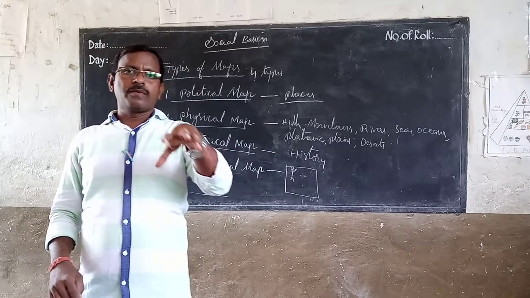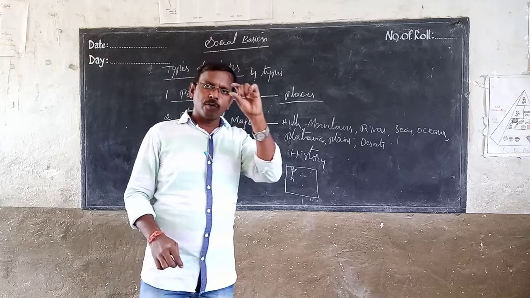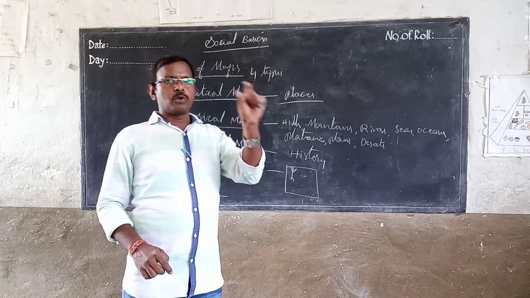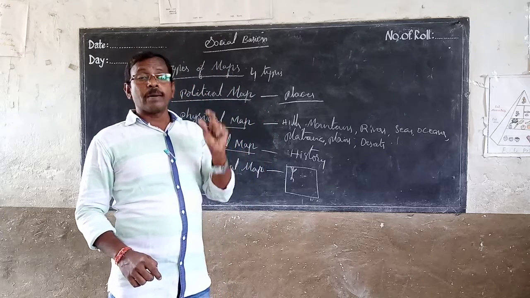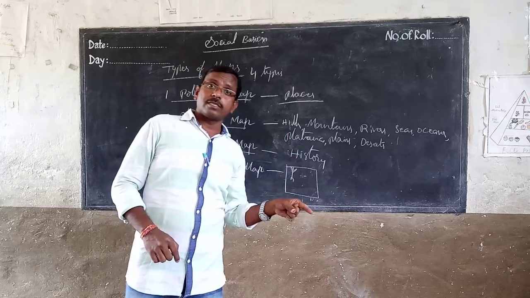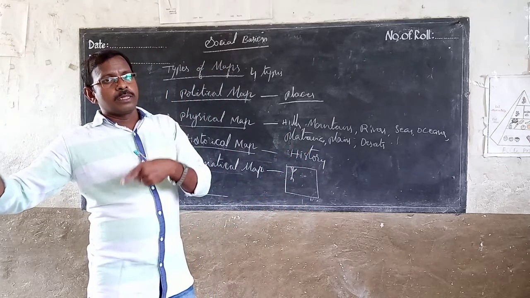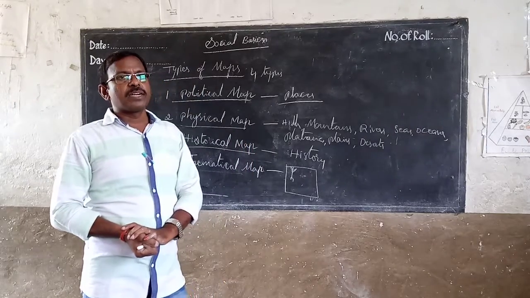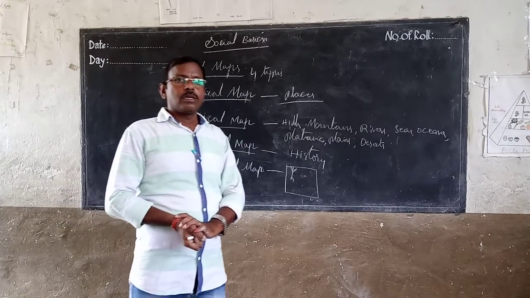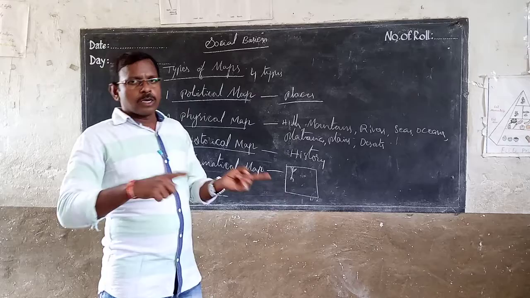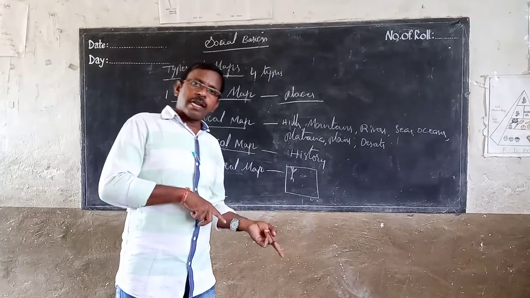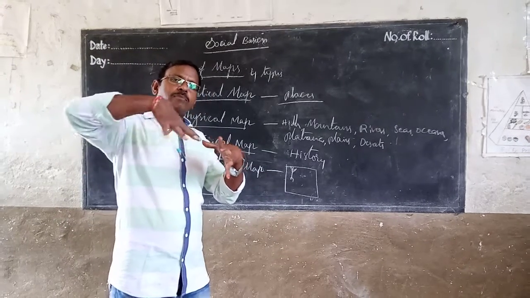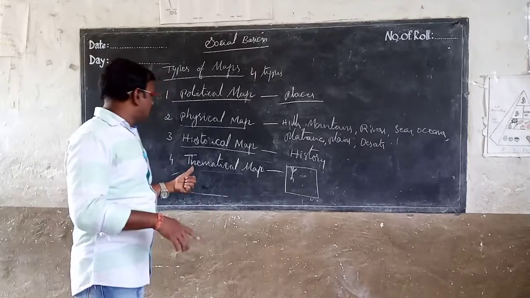That map tells us about minerals, that map tells us about crops, that map tells us about temperature. Here 20 degrees Celsius in January, here 30 degrees in this place. Like that they will show different temperatures. That is a temperature map, crop map, mineral map. All these maps are known as thematic maps.